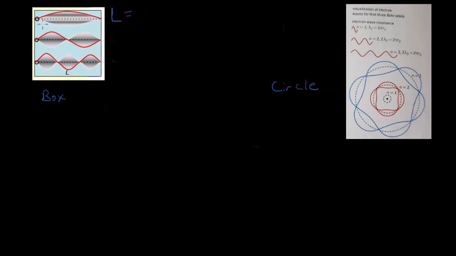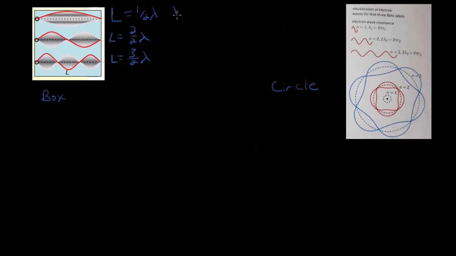In this case, the first harmonic, right? These are harmonics. The first harmonic was equal to 1/2 the wavelength. The second harmonic is basically equal to the wavelength, 2/2 the wavelength. And the third harmonic, so first, second, third harmonic.